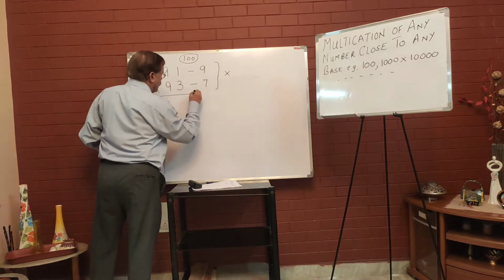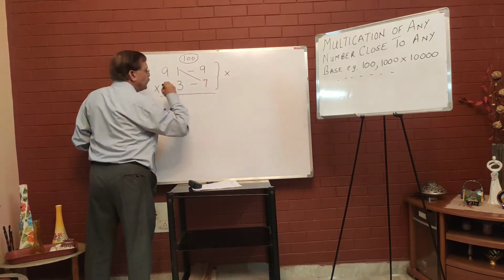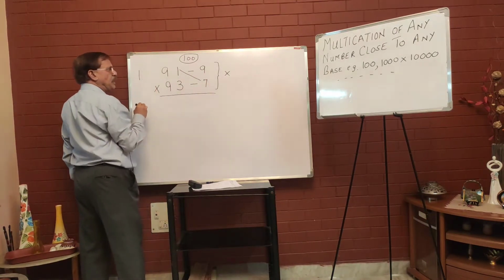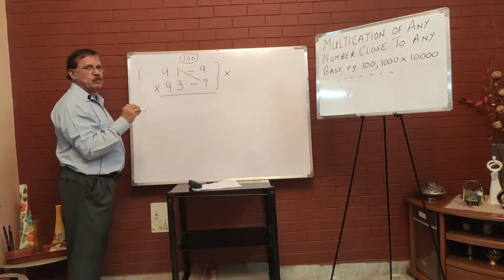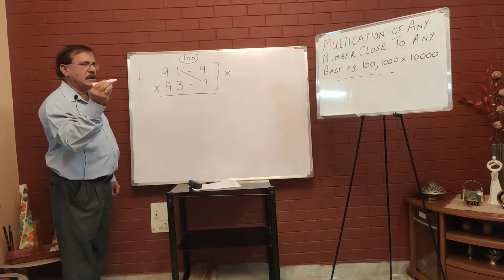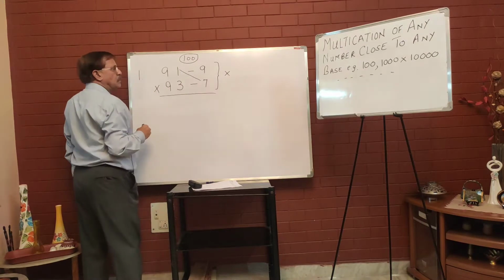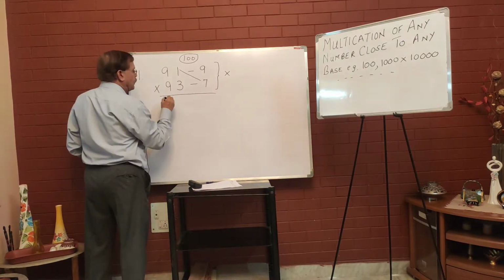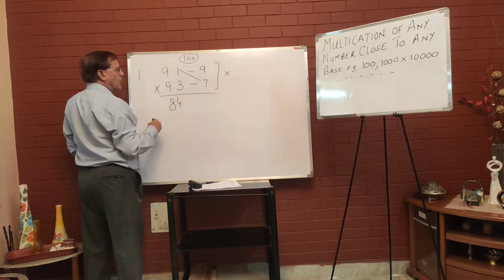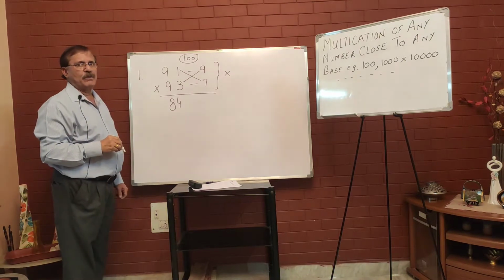Right. Now what we do is, either you can subtract here to here. Now if it's a negative number, or if the number is smaller than the base, you subtract that number. And if it is greater, then you add that number. The greater one I'll be taking next time. So 91 minus 7, that will be 84. Or 93 minus 9 also will be 84.